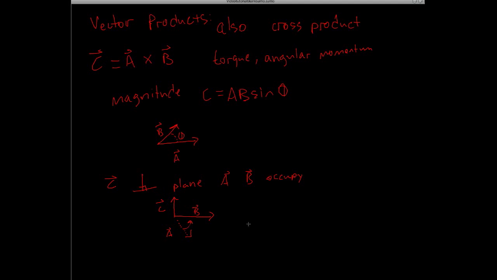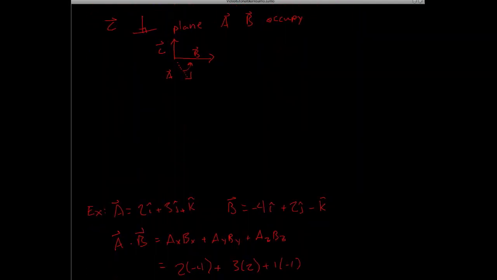Now, you can also find the components of C in a couple of different ways. What we're going to do is use a 3x3 matrix and its determinant. For the components of C, I'm just going to give you the definitions now.